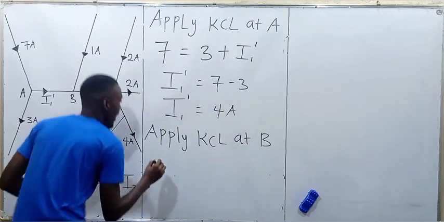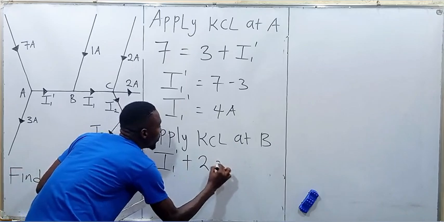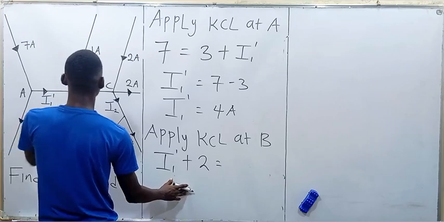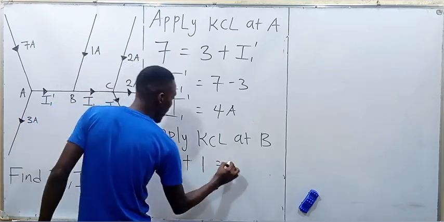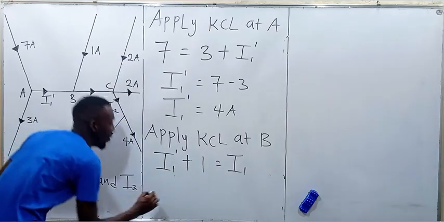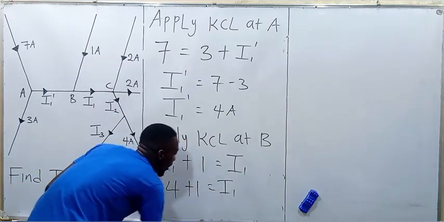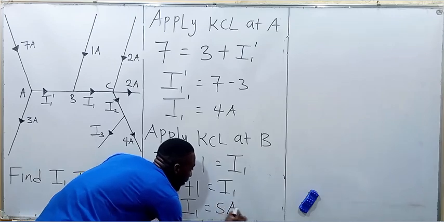So I'm going to have I1 prime plus 1 equals I1. Our I1 prime is 4, so I'm going to have 4 plus 1 equals I1. So I1 will be equal to 5 ampere.